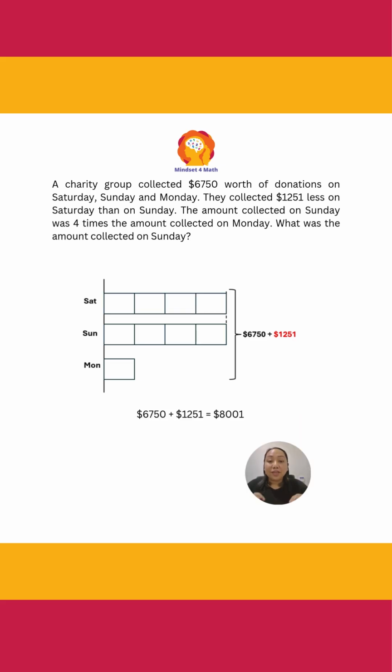Since now we have equal amounts for Saturday and Sunday, we can also cut the bar for Saturday into four equal units. Now we have equal units here.